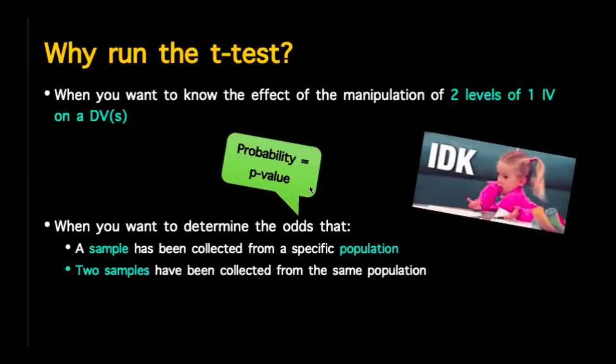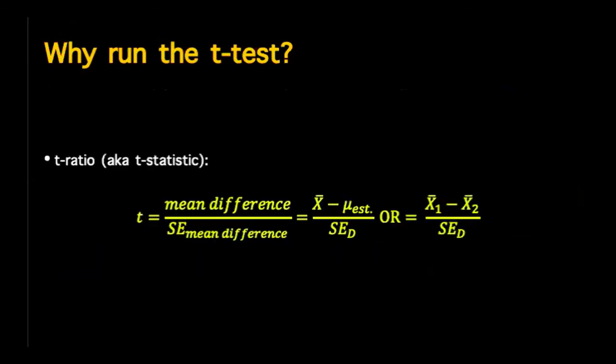So is group A significantly different from group B? is pretty much the base idea of how t-tests are going to operate. We do have generally this equation here, okay? And this is to calculate a t-ratio or t-statistic. We can also call these t-scores.